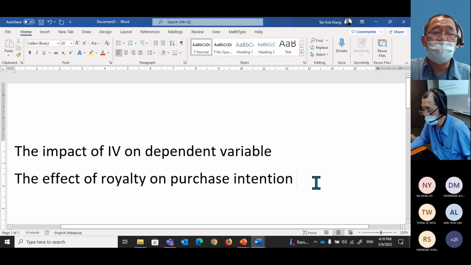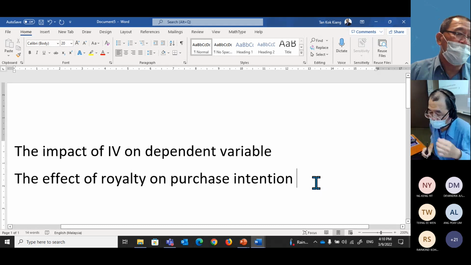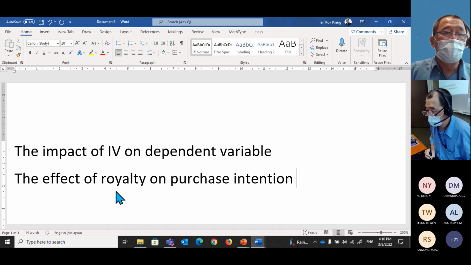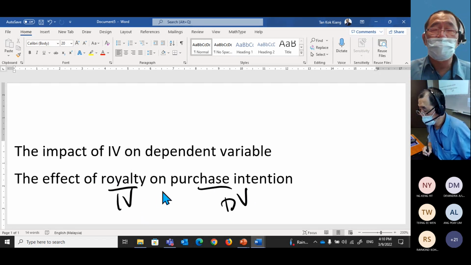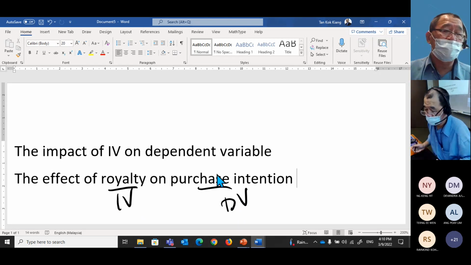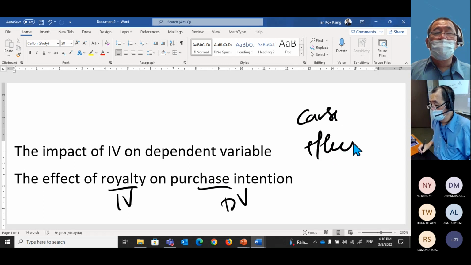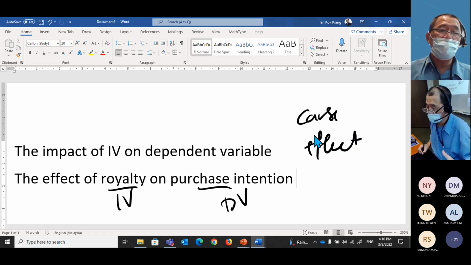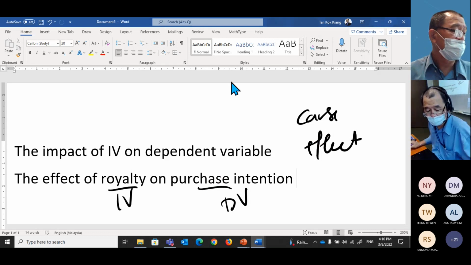This is dependence, because it is clearly defined: this is independent and this is dependent. You have to find the effect of something on another thing. Remember cause and effect. So this means you should use the dependence technique.